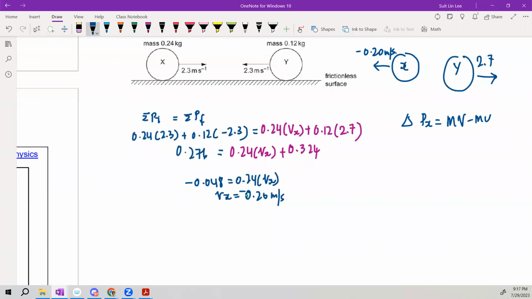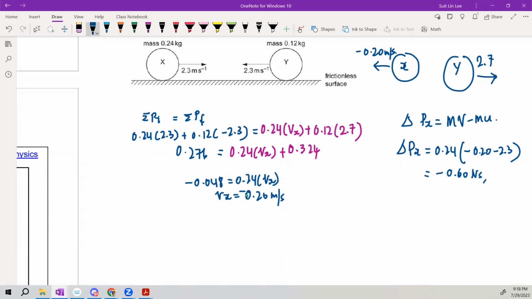So mv minus mu. The mass is 0.24. The speed is negative 0.2 minus the initial speed of 2.3. 0.24 times, this would be negative 0.60.